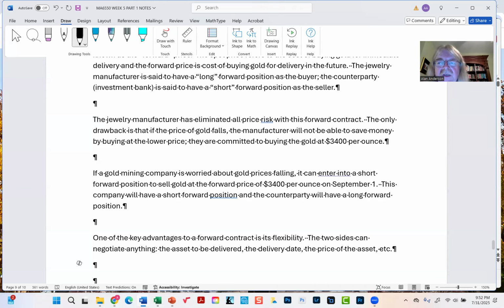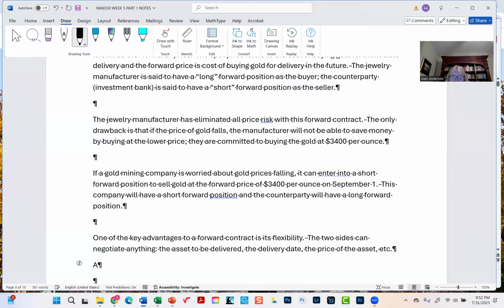If you need the gold at a different time, or if you need not as many ounces, or what if you need a different metal that's not so heavily traded, like platinum, let's say. No problem. As long as you can find a counterparty out there somewhere, you can negotiate anything you want. So you can see there's an enormous amount of flexibility here.